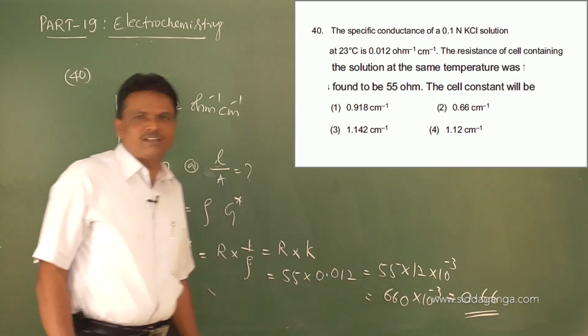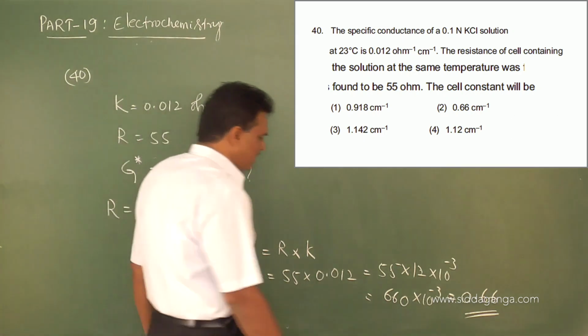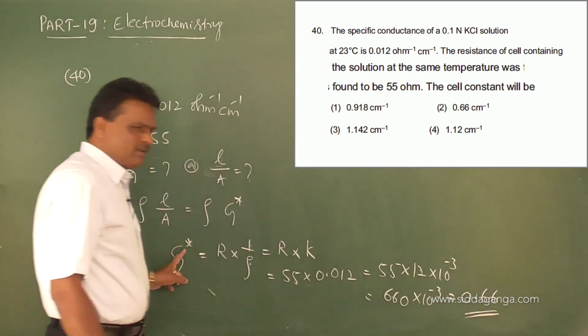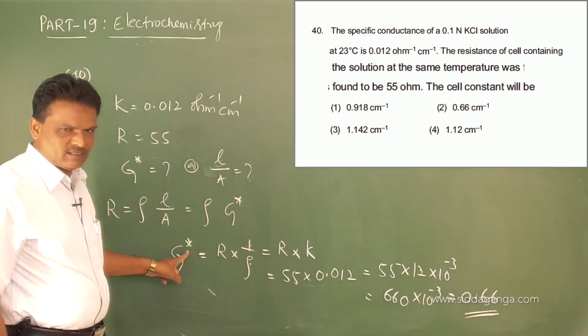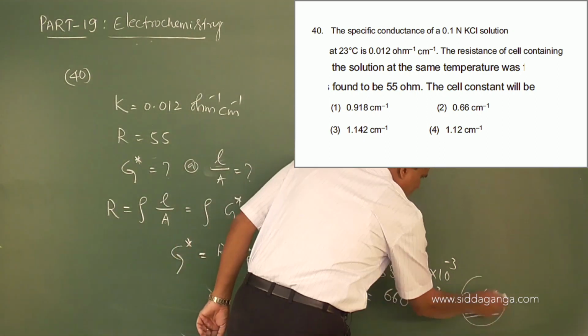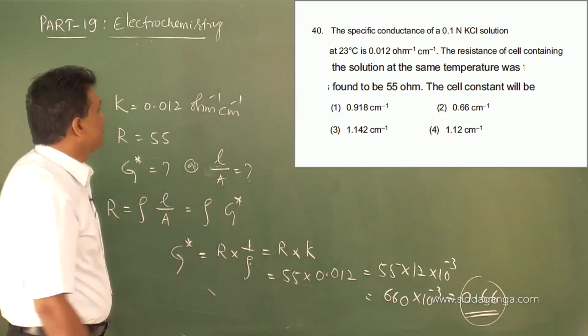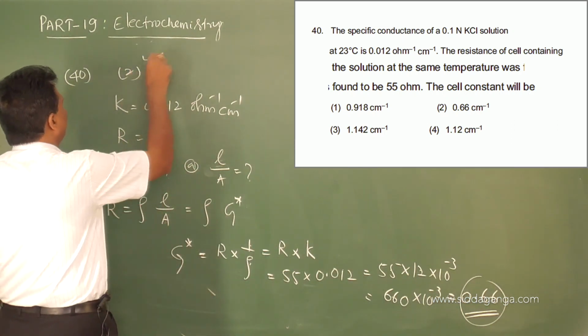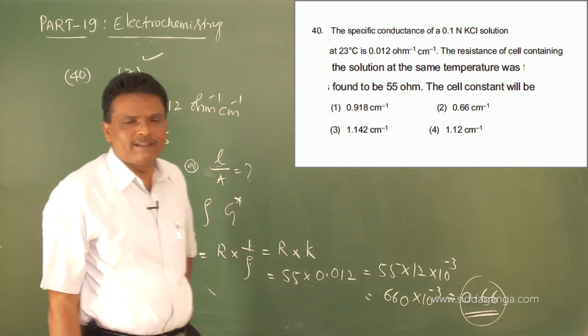This is your answer, 0.66 per centimeter, the value of cell constant. So the second option is the right option for question number 40.